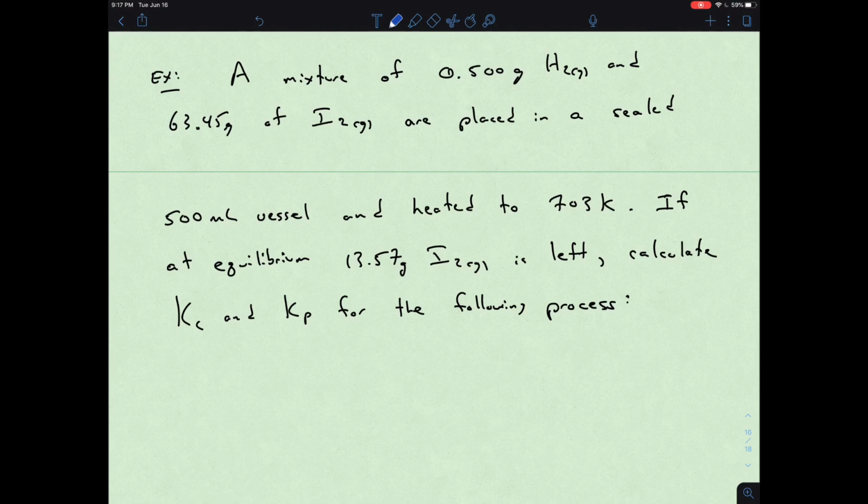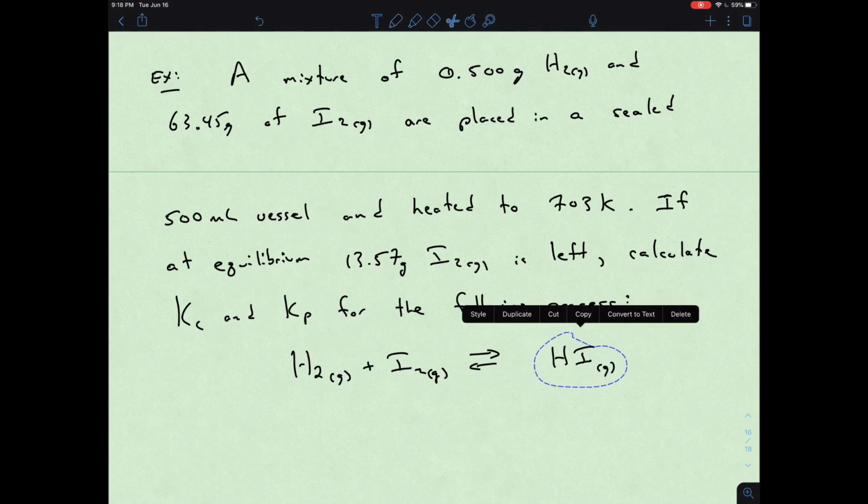The following process is our reaction with H2 producing hydroiodic acid upon combination with iodine. So there's the process that we're looking at.